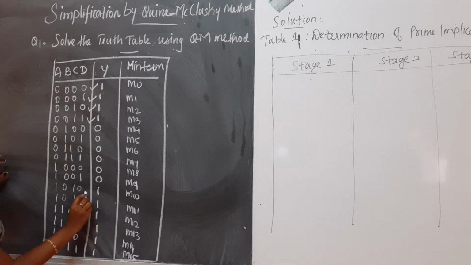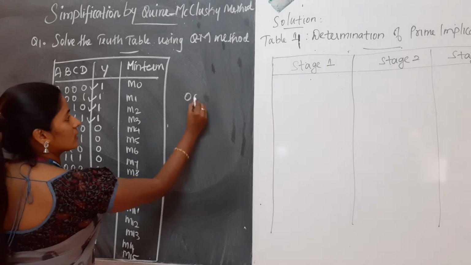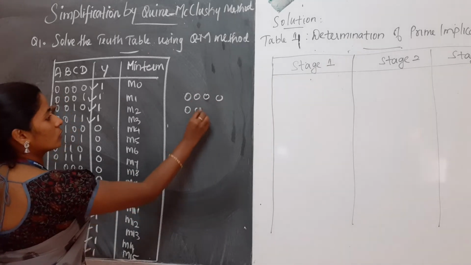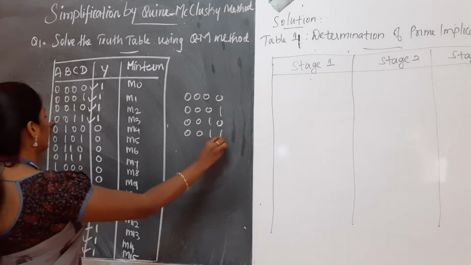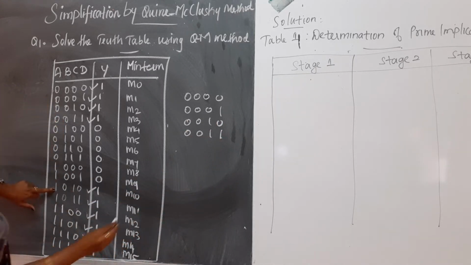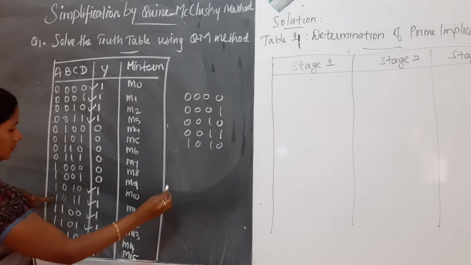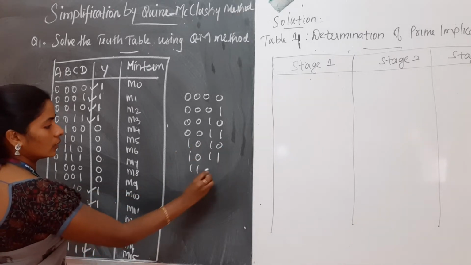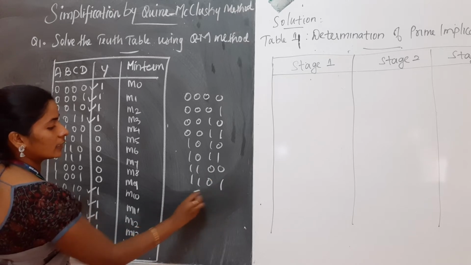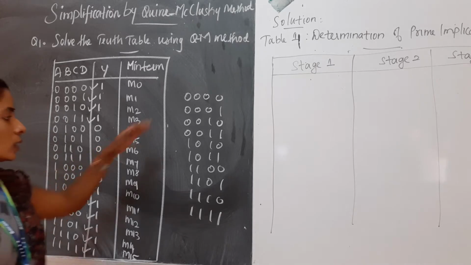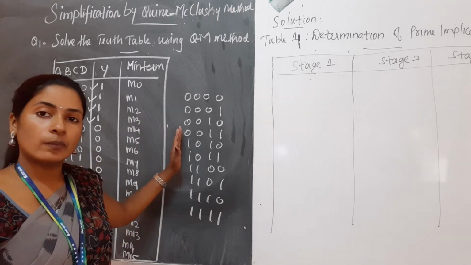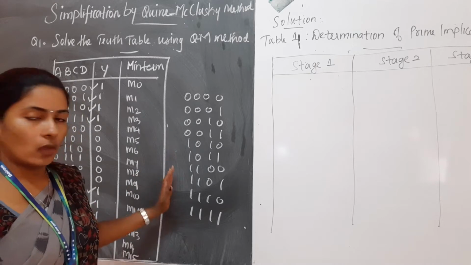Then 10, 11, 12, 13, 14, 15 outputs are 1. So these are the minterms whose outputs are 1, and we picked all these.